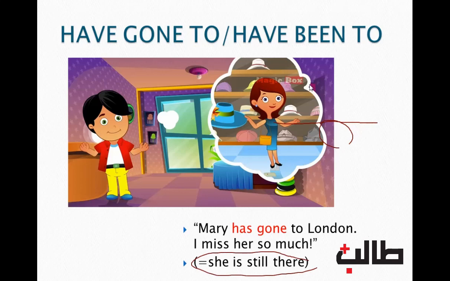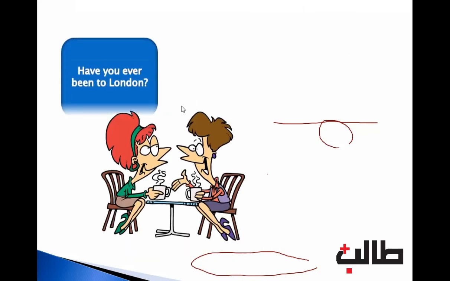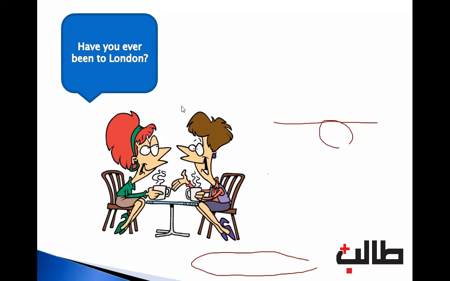But have been to means that the person went to a place and came back. يعني هو راح المكان ده ورجع تاني على طول.